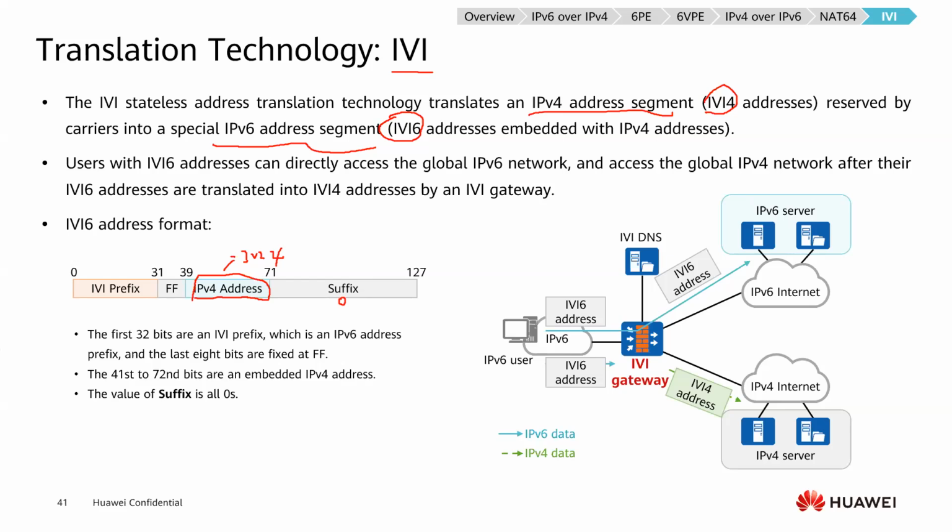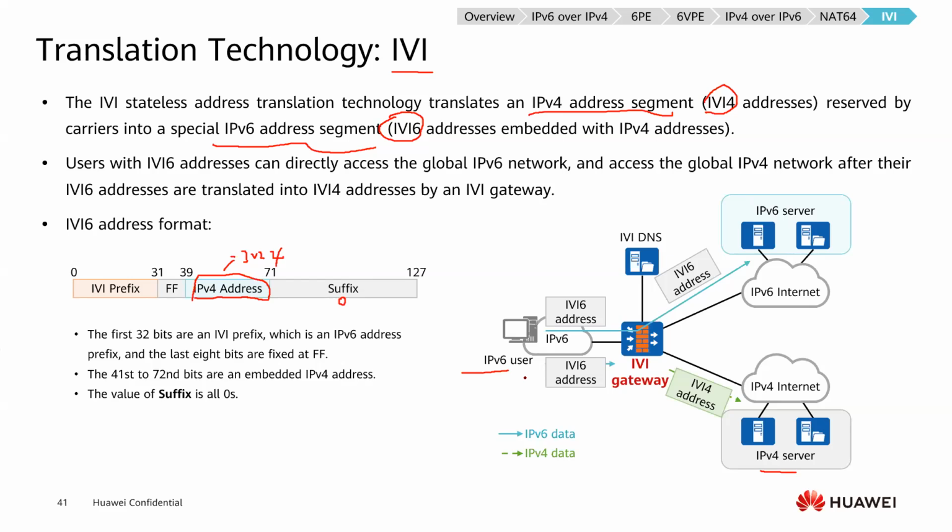So let's see an example of an IPv6 host connecting to a global IPv4 server. In this scenario, stateless IPv6 address auto configuration can't be used due to the special IPv6 address format.